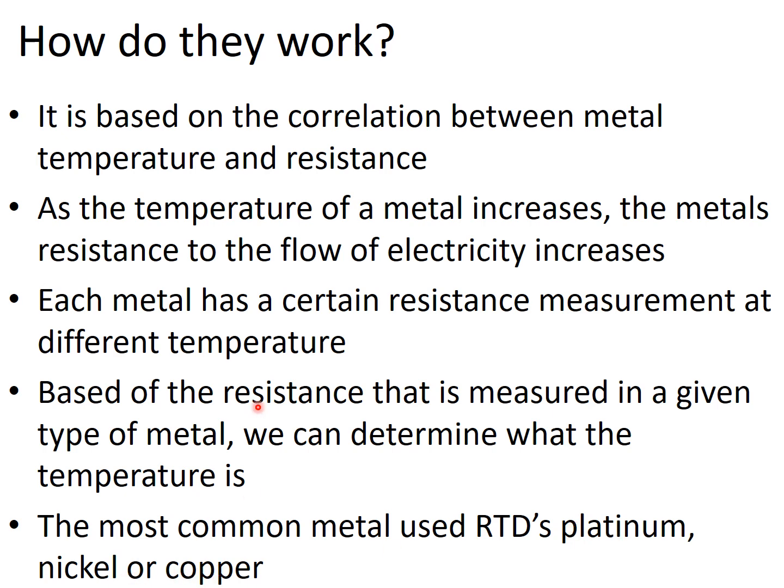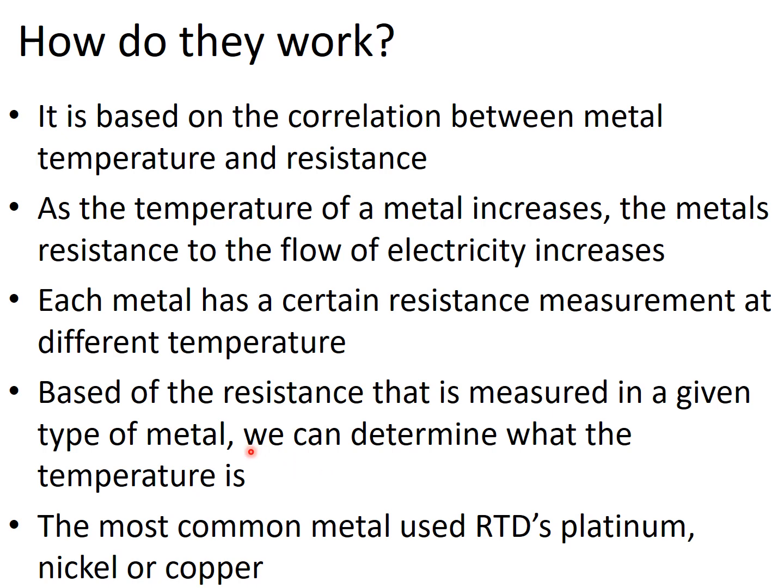Suppose the temperature is 100 degrees Celsius. At 100 degrees Celsius, the platinum resistance will vary, the nickel resistance will vary, and the copper resistance will vary. So the resistance value is not the same for all metals at a common temperature. Based on the resistance measured in a given type of material, we can determine the temperature.